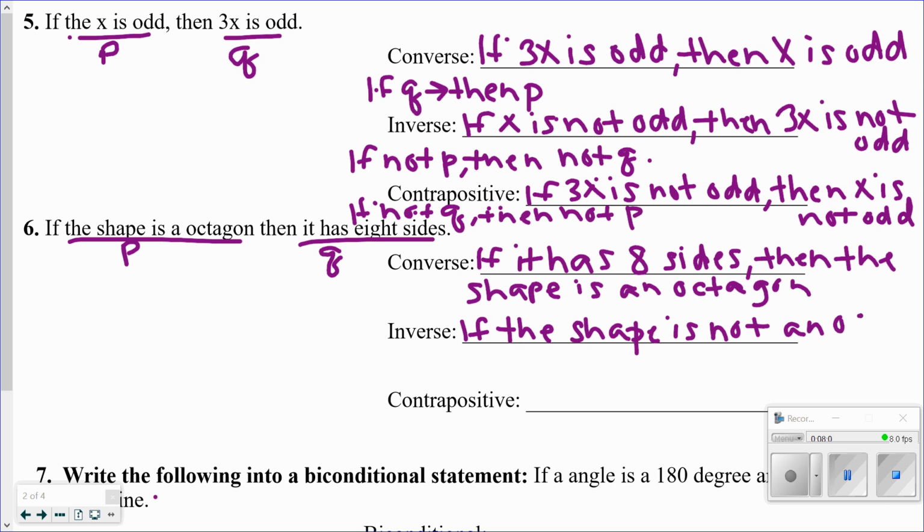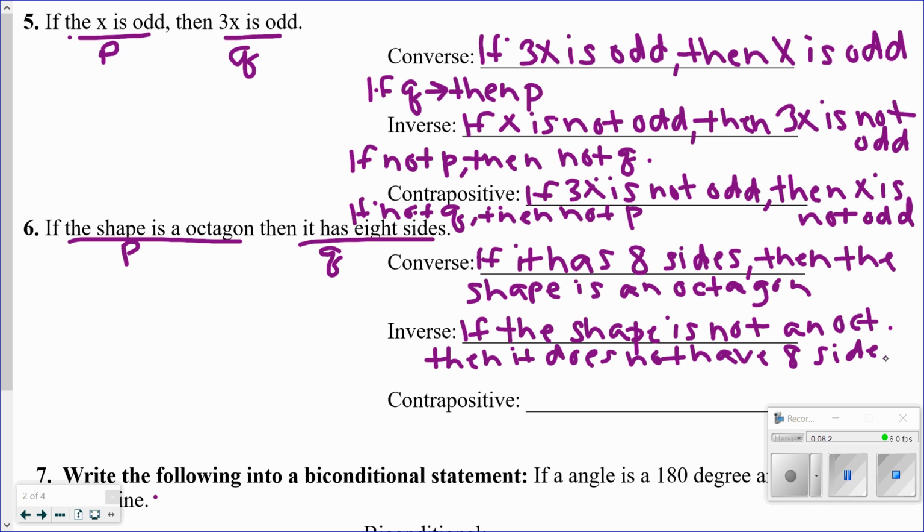I'm just going to put oct, then it does not have 8 sides. And remember, tomorrow you won't have to type anything into Polaris.